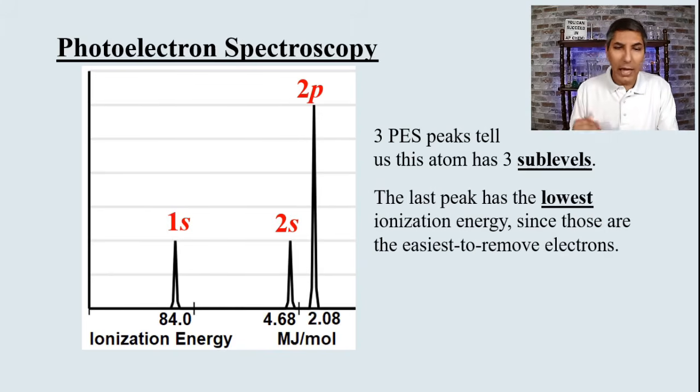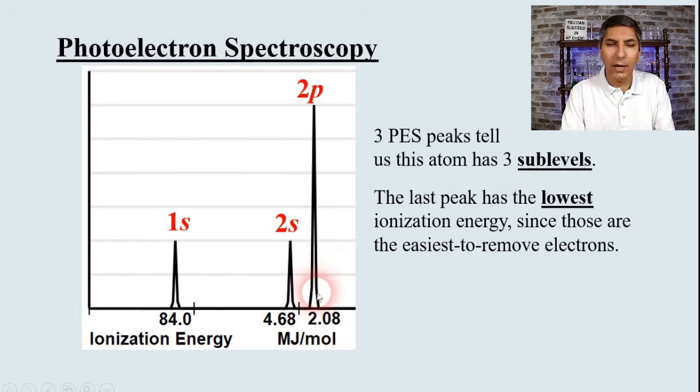Now, the last peak that we see here, the one that's the 2p peak, has the lowest ionization energy. And we can see that by looking at the numbers on the x-axis here. We see that the ionization energy for the last electrons are about 2.08 megajoules, or 2.08 million joules per mole.